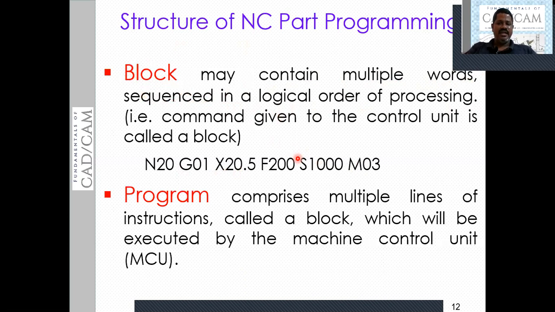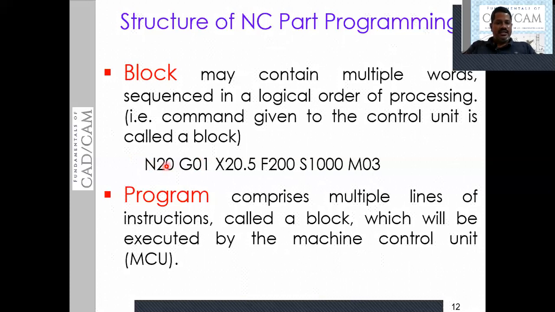To perform the actual work on the machine tool, the first block is executed first and the following block next. The execution of the blocks takes place according to the order in which they are arranged. So the arrangement of blocks is very important to get accurate work.